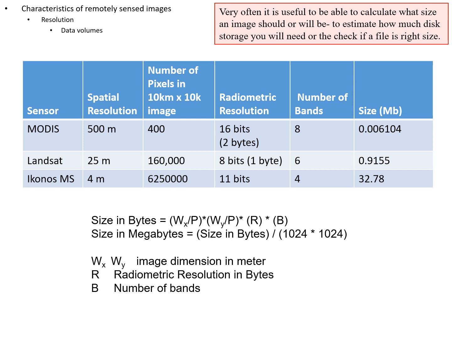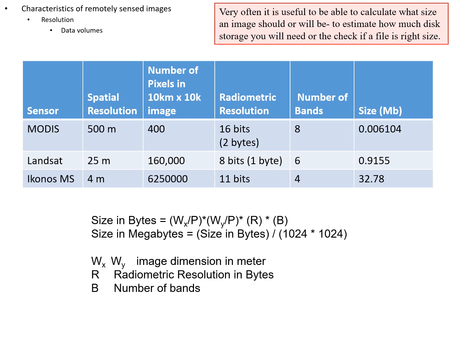So this gives you an example. It's better to have the distinction between various levels of brightness, but the more levels of brightness you have, the larger the file size. So MODIS data is coarse spatial resolution. We're just going to call it 500-meter resolution here for our purposes. There are 400 pixels in a 10 kilometer by 10 kilometer image.